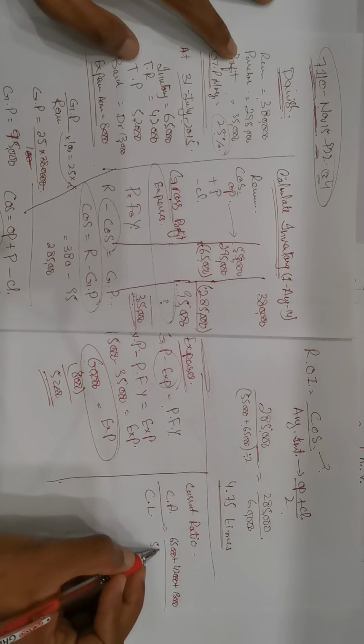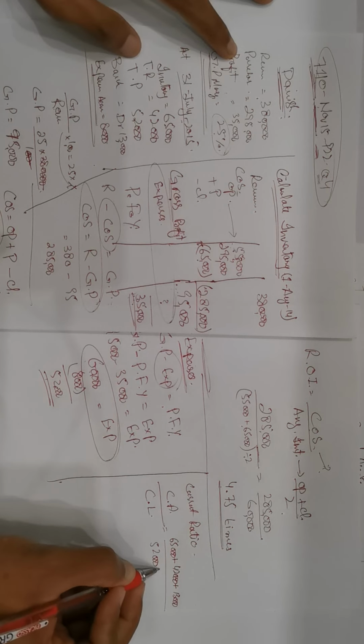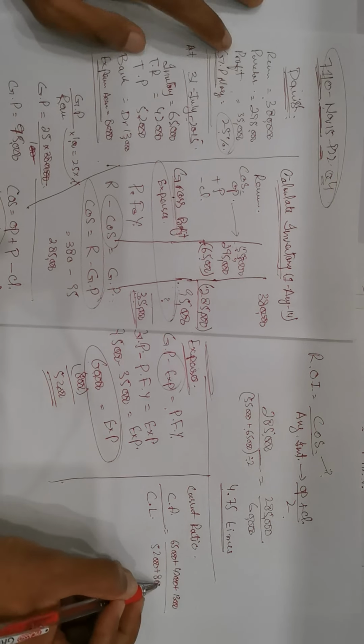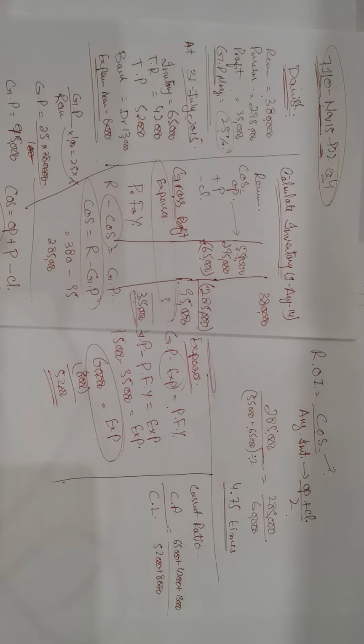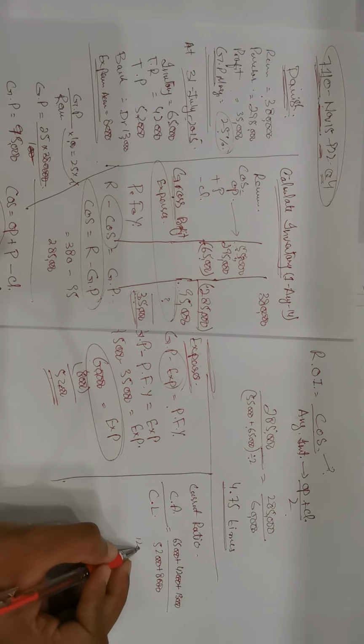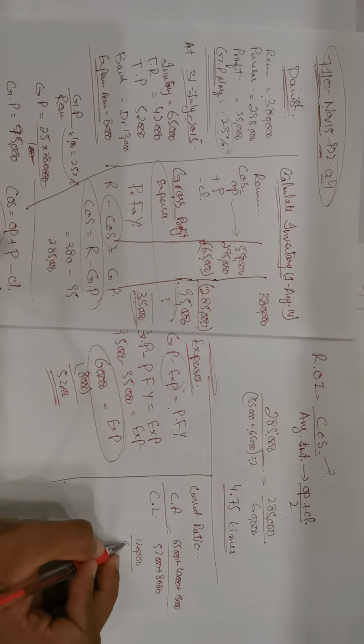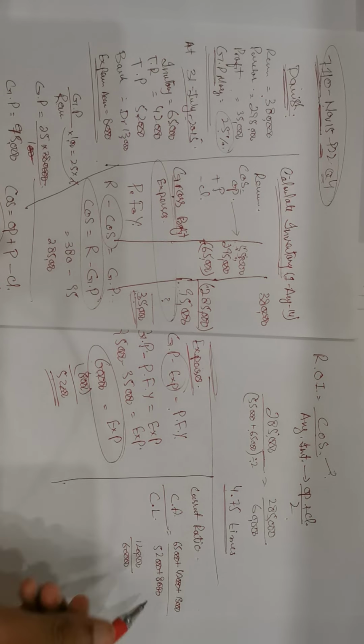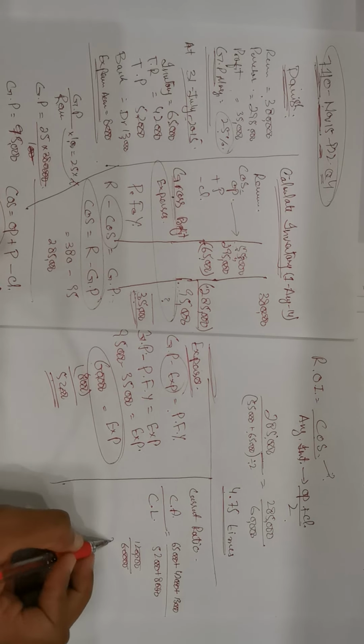Trade payables of $52,000 plus $8,000 of expenses which are accrued, which are not paid yet. By solving it, I get 1,20,000 over 60,000, and the answer is 2.